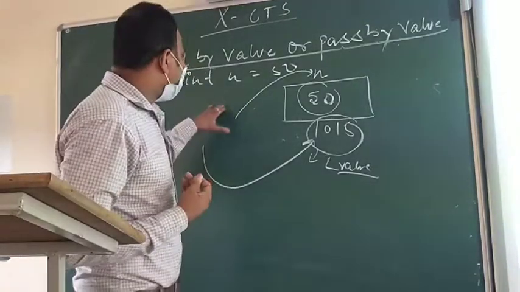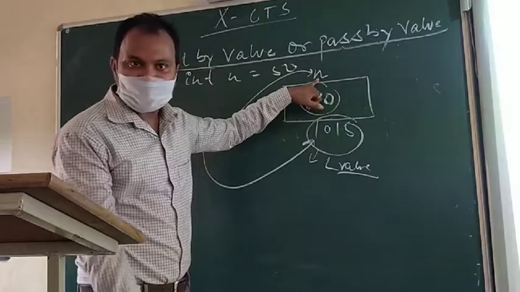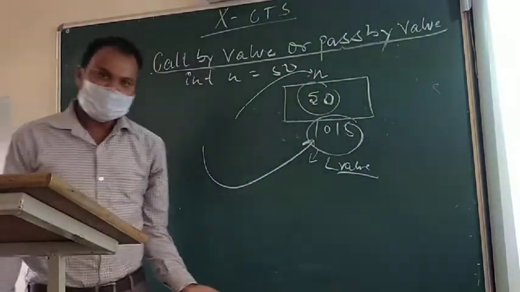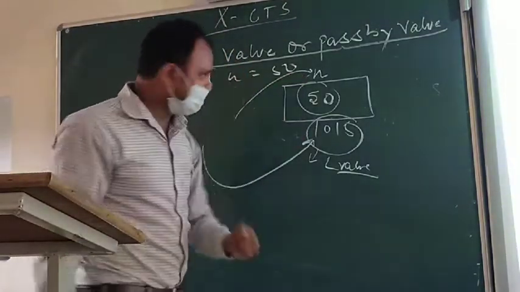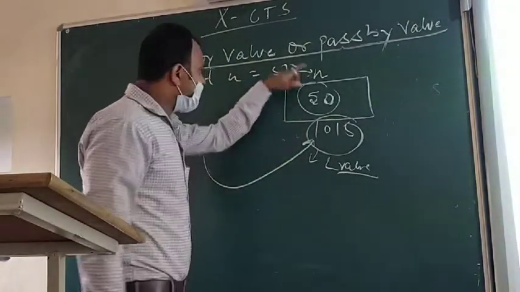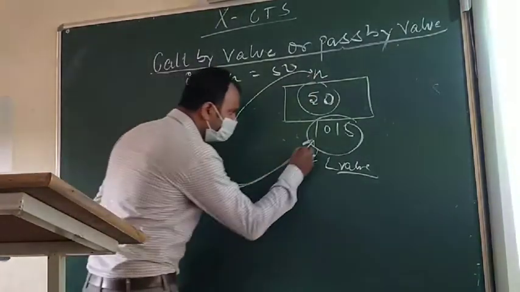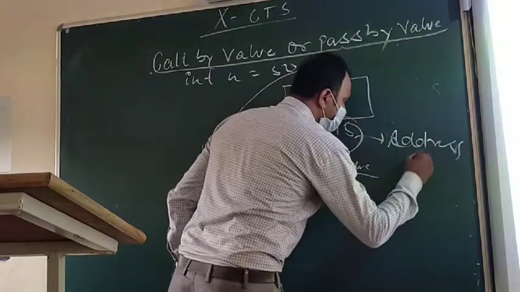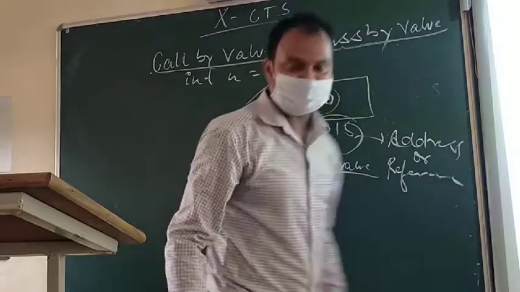Till now we have accessed all values the first way, with int n equals 50, and we get the same value everywhere. But we have two ways: we can directly access the value of n equals 50, or we can go through this address.